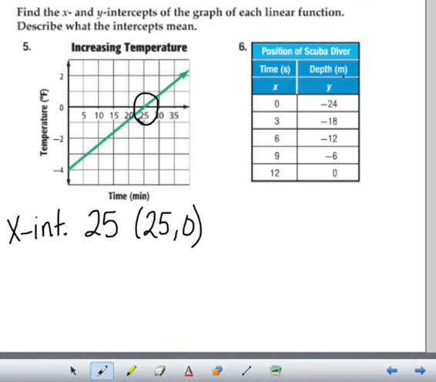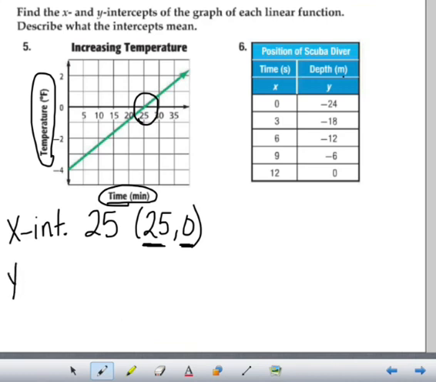But now look at what my axes mean. My x-axis is time in minutes. My y-axis is my temperature in Fahrenheit. So what does my x-intercept mean? It means after 25 minutes, the temperature was 0 degrees Fahrenheit. Again, it's just understanding what that point means, and looking at how your axes are labeled.